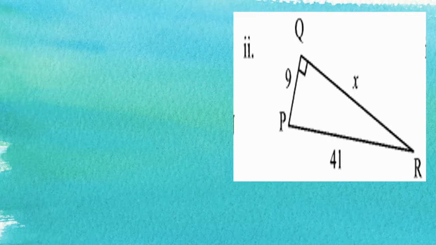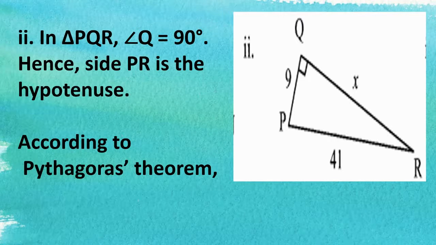Question number 2. In a triangle PQR, angle Q is 90 degree. Hence side PR is the hypotenuse.